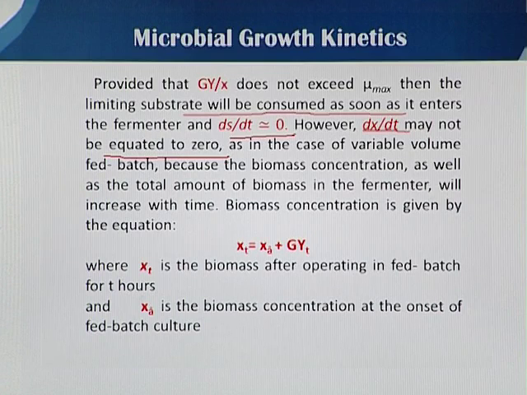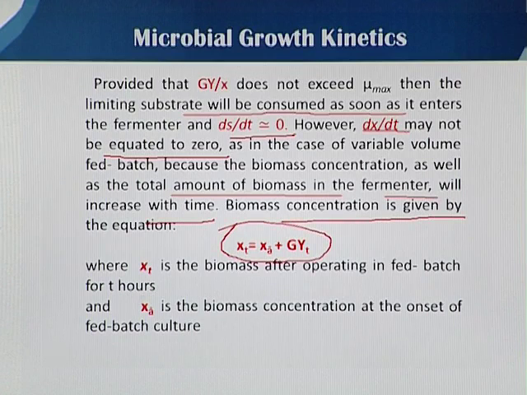There is a continuous addition of substrate, and the fermented broth becomes concentrated with biomass, so the total amount of biomass in the fermenter will increase with time. You can see the biomass concentration by this equation. Xt is the biomass after operating in fed batch, where X naught is replaced by X epsilon, which denotes the biomass at the time when we start the feeding.